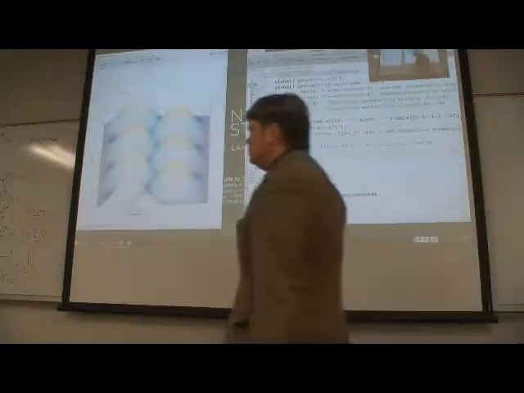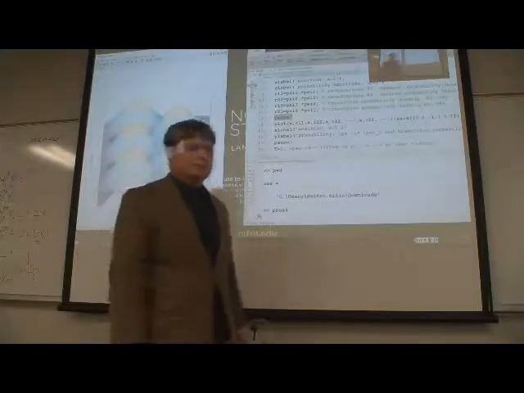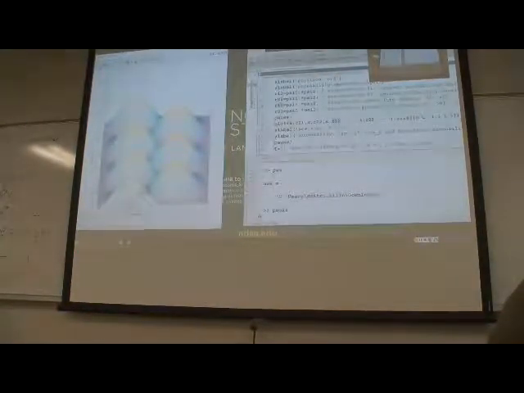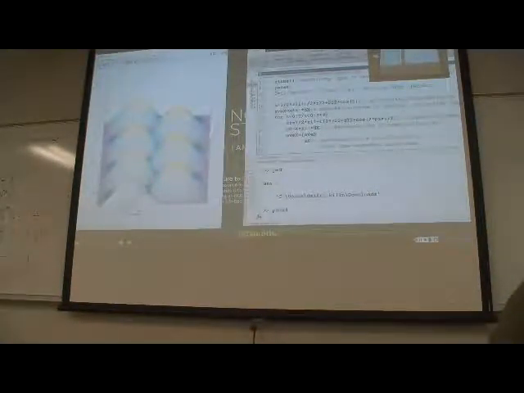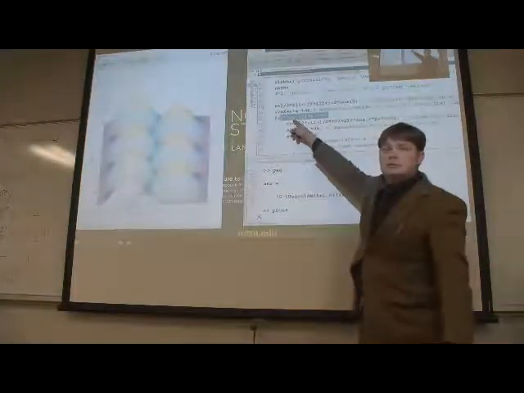So let's look through the code and try to identify where this equation is implemented. Well, once it is here, we set up a cycle over time steps, right?